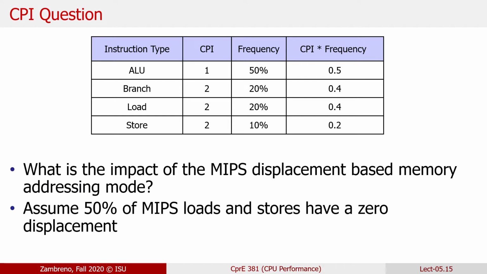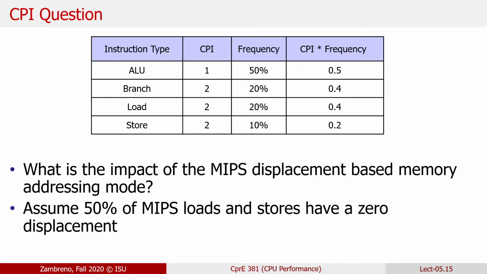How many cycles do we save by having the load word have that constant embedded in it that gives us a base address with a constant offset? That's the displacement. And if the assumption is 50% of our loads and stores for a given workload have a zero displacement, the corollary is 50% do have a non-zero displacement and actually need that value.